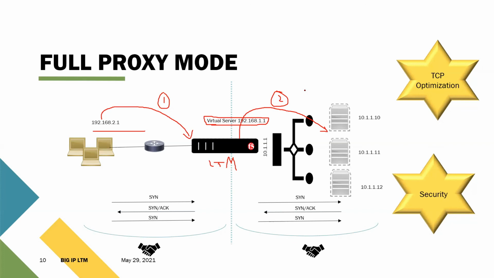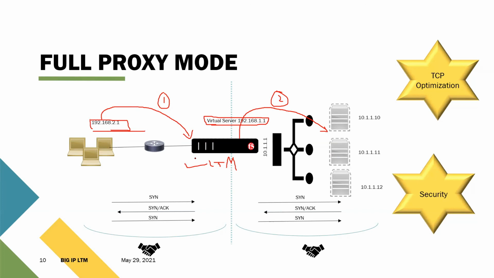Now this actual user will never get to know which server is serving his request. He is just talking to this LTM. He can only see the virtual server configured on this LTM. So it fulfills our definition of a proxy, what we discussed.